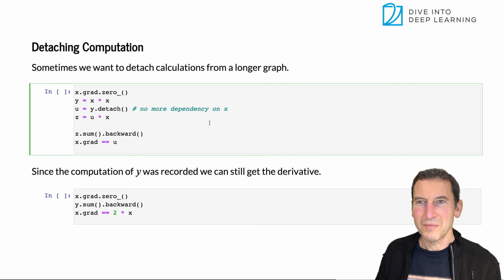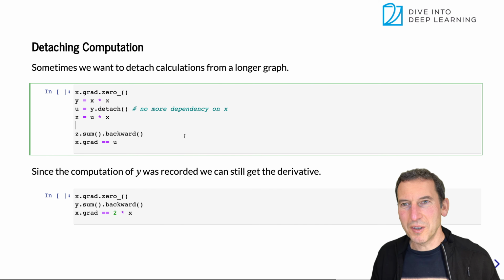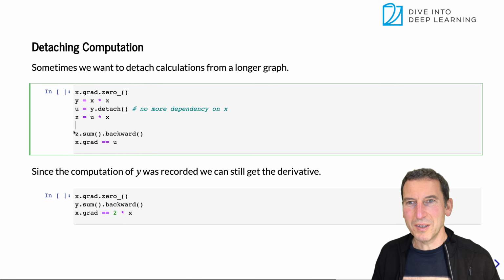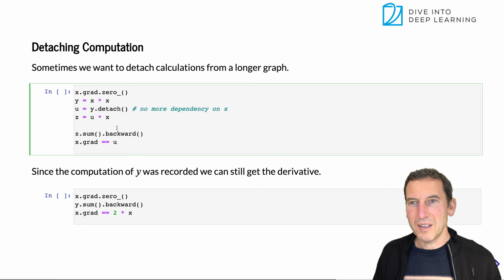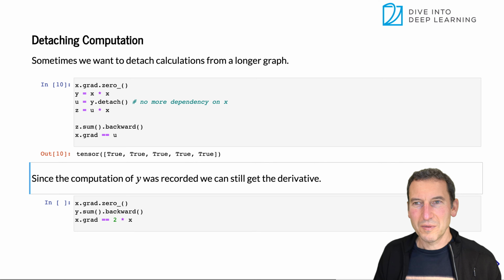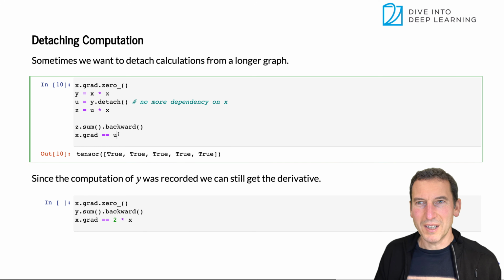First of all, to make sure that this is actually sensible, look at how z is computed. z is u times x. So there is an explicit x dependency in there, and we would expect that the gradient with regard to x equals u. And lo and behold, that actually happens.